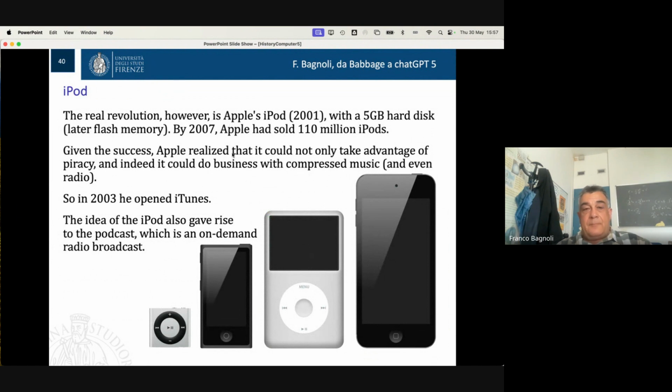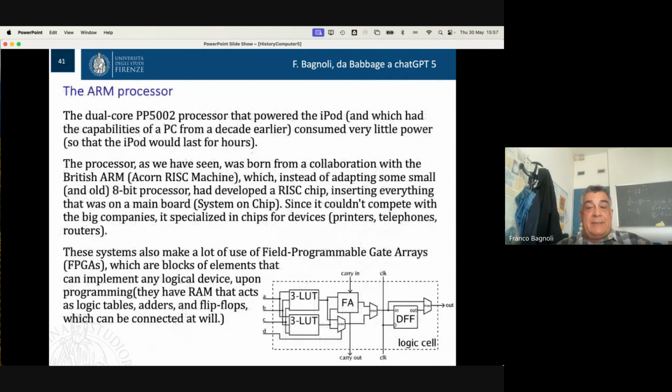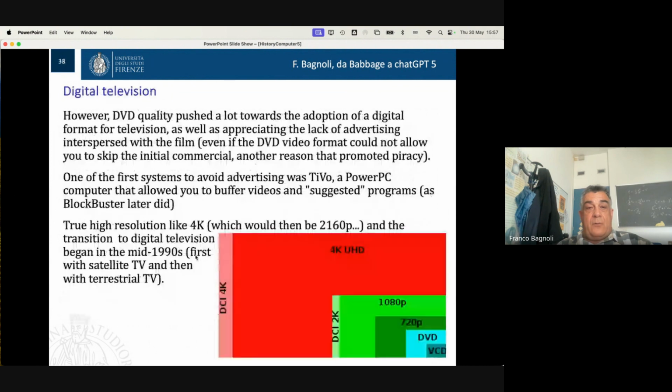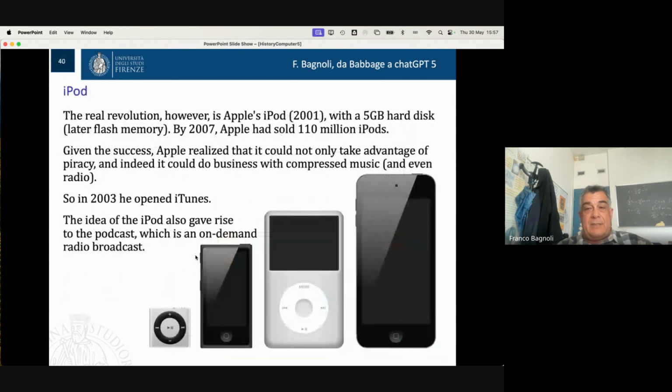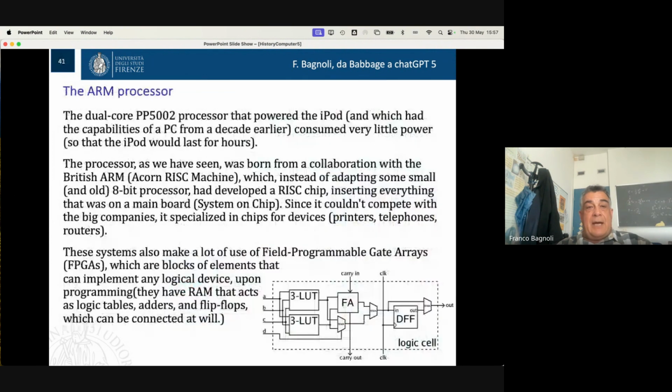And so Apple opened iTunes and started selling devices that could be used to listen to music, and could download music only from certified services. At least this is the idea. And clearly, as I said, the core of all these things that you have seen here is the ARM processor, which is the core of the iPod and so on.